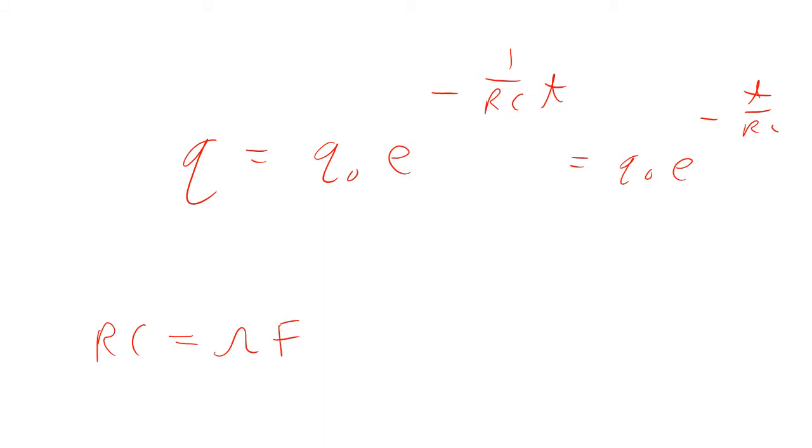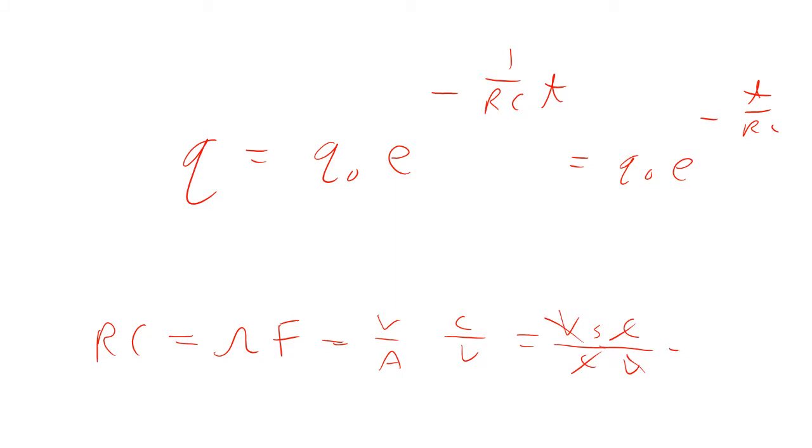Well, a farad is a coulomb per volt, and an ohm is a volt per amp. But an amp is a coulomb per second. So that means this is a volt-second per coulomb times coulomb over volt.